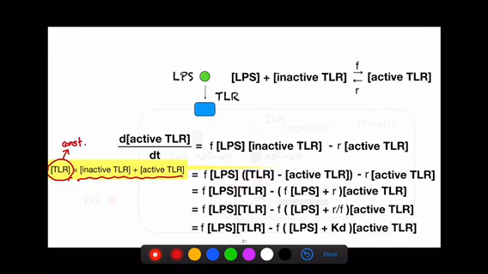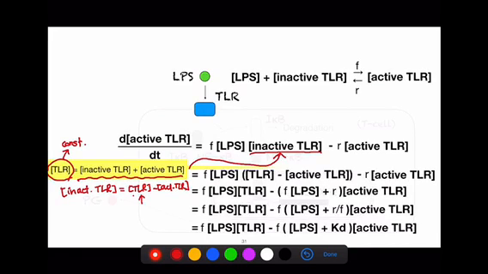So we can rearrange the equations after inserting this into this. Needless to say, we can write inactive TLR as TLR minus active TLR.